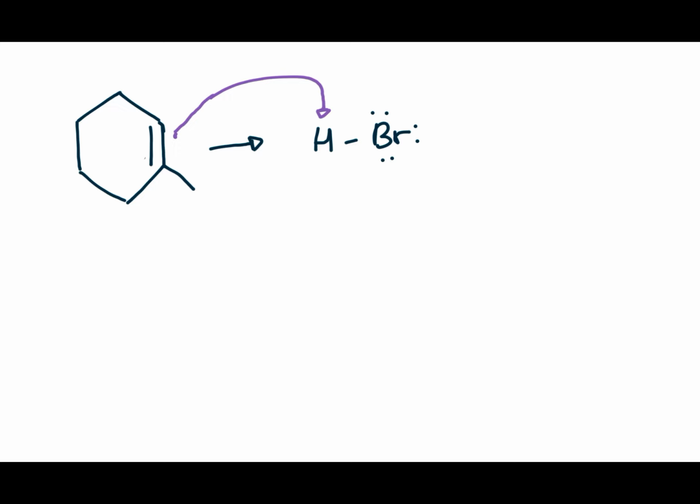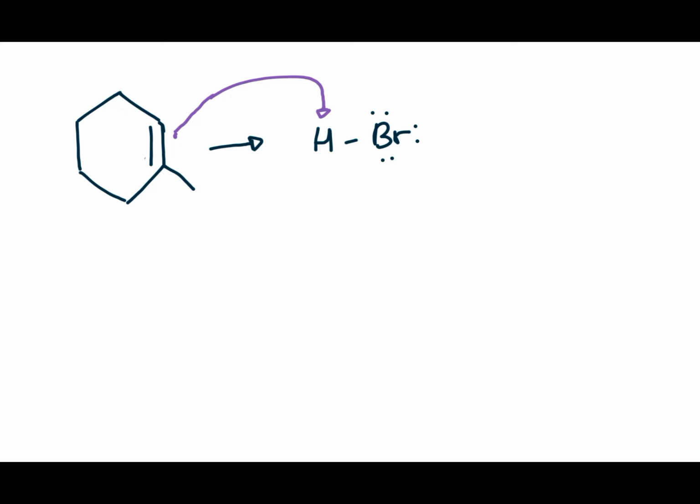And again, remembering that hydrohalogenation follows Markovnikov's rule, so this hydrogen will want to go to the less substituted carbon. So first we see that this is tertiary carbon, and this is a secondary.